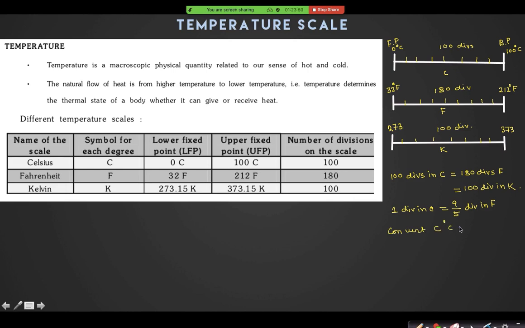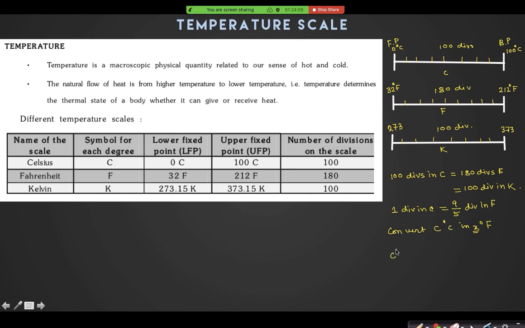C degree Celsius in degree Fahrenheit, say X degree Fahrenheit. So what is X in terms of C? Look, C degree Celsius means how many divisions in C?